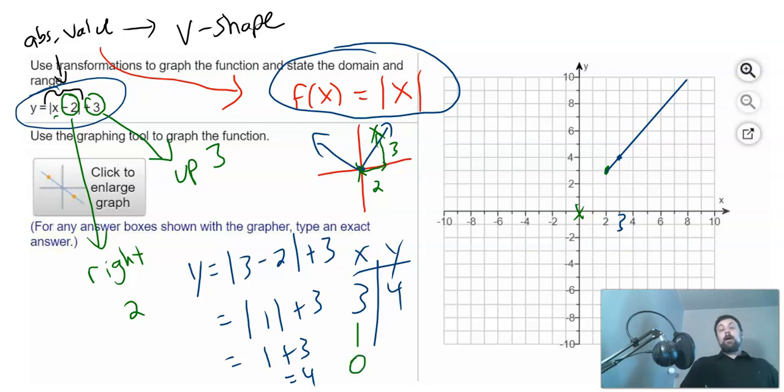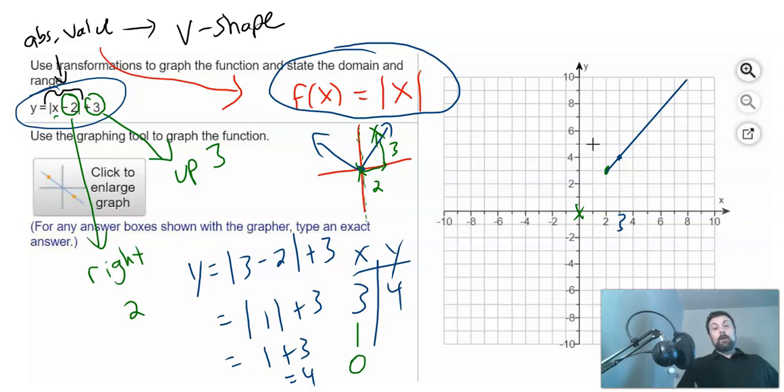Or you could use the fact, and this is getting a little bit ahead, this is a little bit of advanced material, that the V shape is symmetric, meaning the right half of the V is just a mirror image copy of the left half of the V shape.